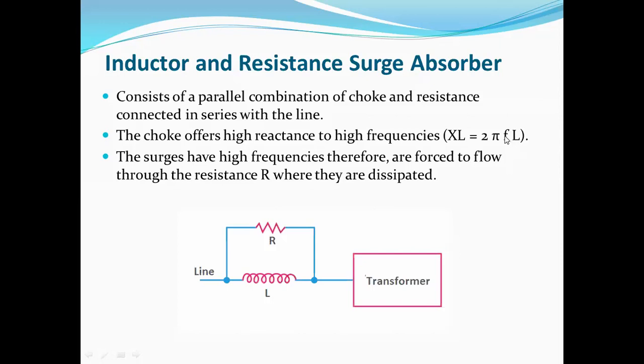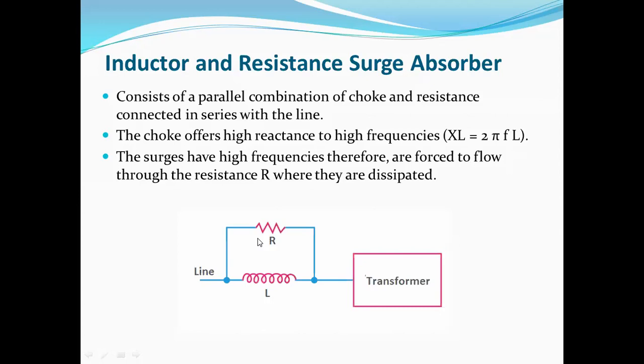Okay. So here, concentrate. What happens when the voltage gets increased? When the voltage gets increased, your inductive reactance also gets increased. And when the inductive reactance increases, the current will not flow towards the earth. Then we have to provide one more path so that the very high current can flow towards earth.